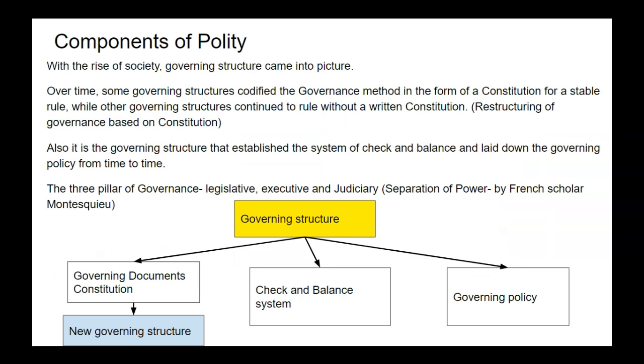And those who wrote down a constitution for governance, they restructured the governance system based on the written constitution. Also, it is the governing structure that established the system of check and balances and laid down the governing policy from time to time.